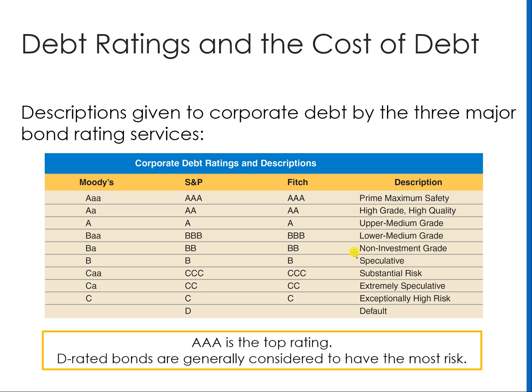Starting with B, we have speculative, and rating C means exceptionally high risk. Rating D means default. And typically, if the rating is below BBB, they're non-investment grade. We call them junk bonds. The interest rates are extremely high for junk bonds.